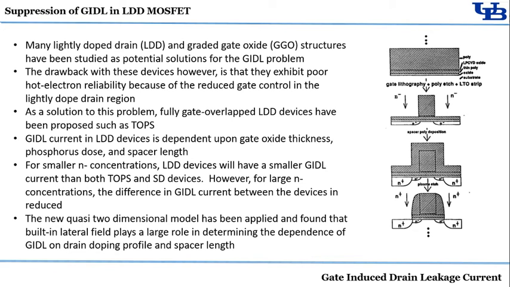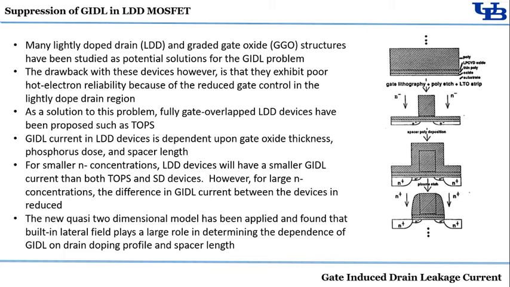GIDL current in LDD devices is dependent upon gate oxide thickness, phosphorus dose, and spacer length. For smaller N concentrations, LDD devices will have a smaller GIDL current than both TOPS and SD devices. However, for large N concentrations, the difference in GIDL current between the devices is reduced.